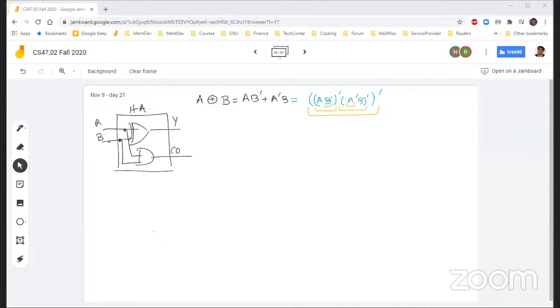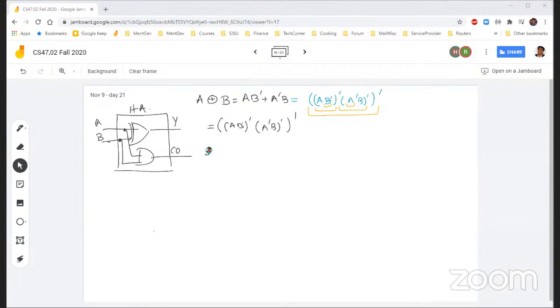But let's say we are trying to make a minimal circuit for the XOR gate, then how does it play out? Let's try to deduce it in a little bit roundabout way. First of all, we start with the same step: AB bar whole bar, A bar B whole bar, by De Morgan, just as we did here.